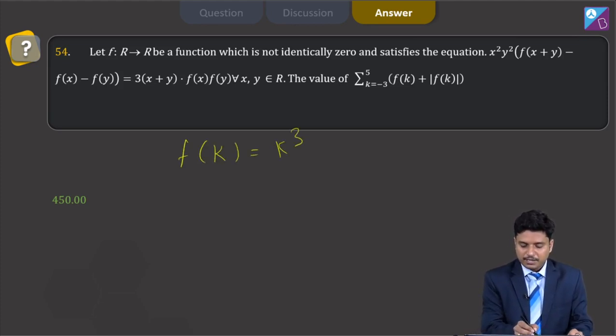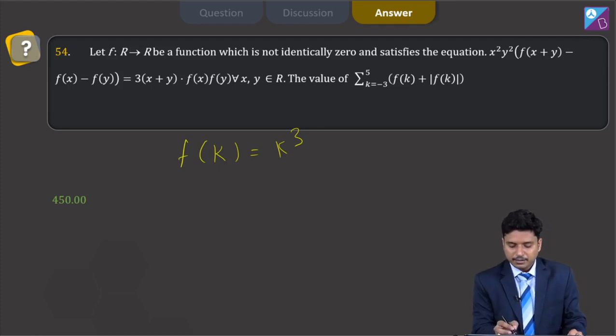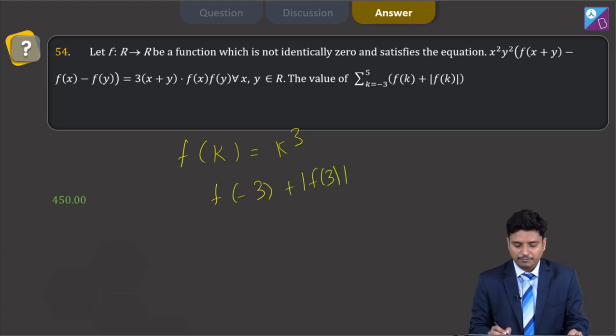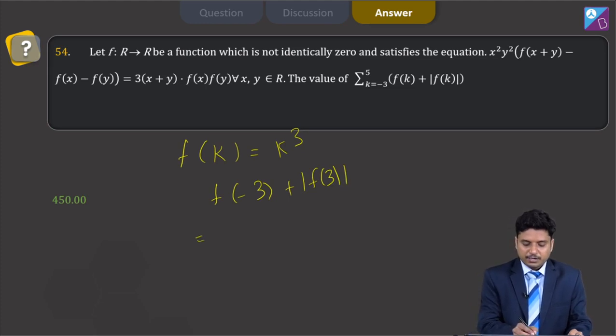So f(k) will be equal to k cube, and mod of f(k) actually depends on the sign of k. So what we are getting? We are getting f of minus 3 plus mod of f3, that will be equal to minus 3 cube plus 3 cube. That means it will be equal to 0.